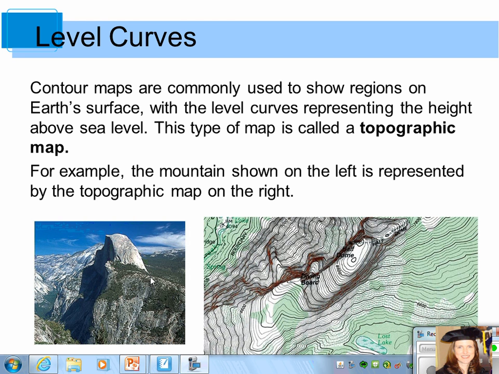And as you get further away from the top of the mountain, very, very steep, definitely very steep on this side. And in fact, the closer those lines are together, the steeper the descent, because those are connecting lines of equal elevation. And if those are farther apart, then the elevation doesn't change as rapidly. If they're very close together, there is a quick change in elevation because those lines are so close together.